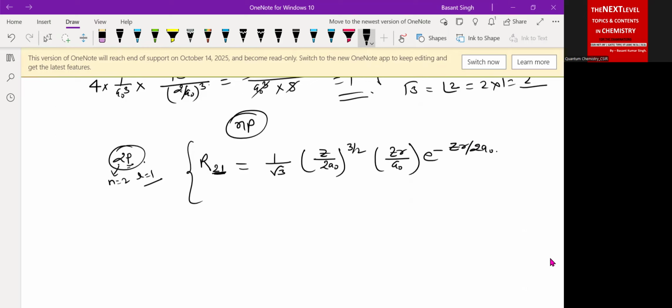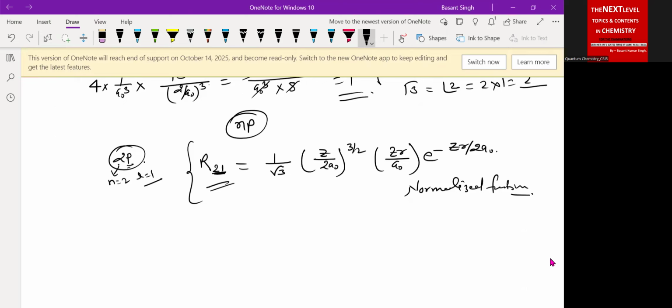This is the normalized function I have taken from the textbooks. This is the radial function for the 2p state. This is a normalized function.